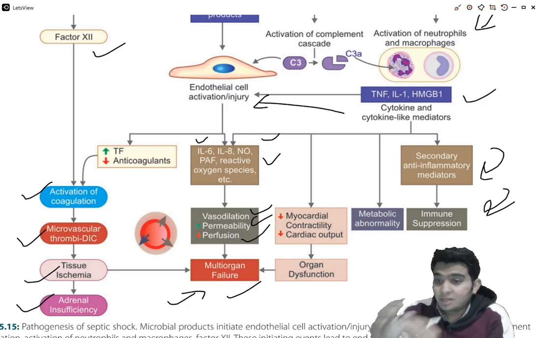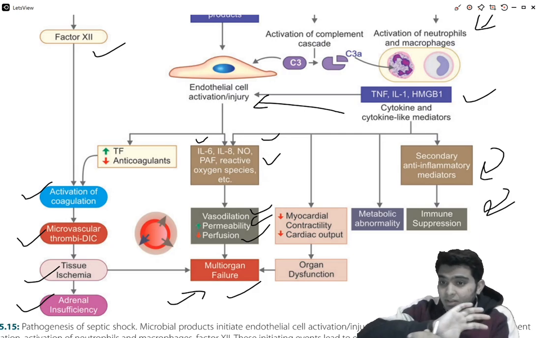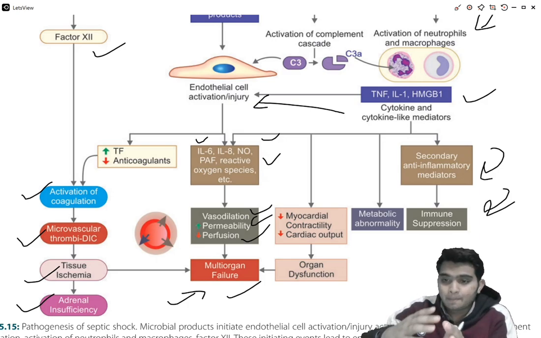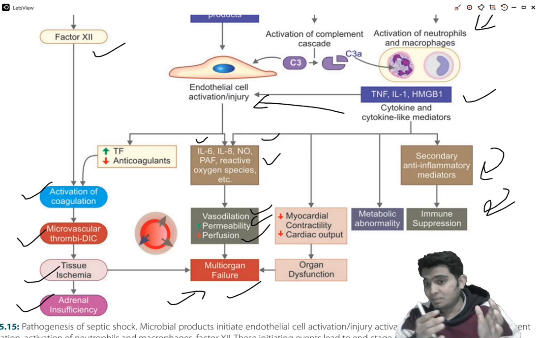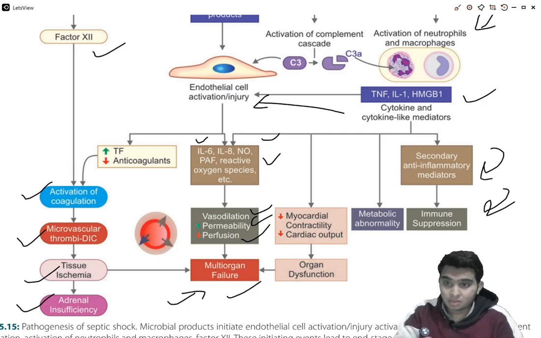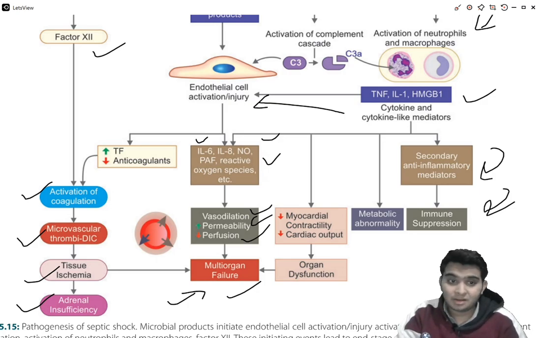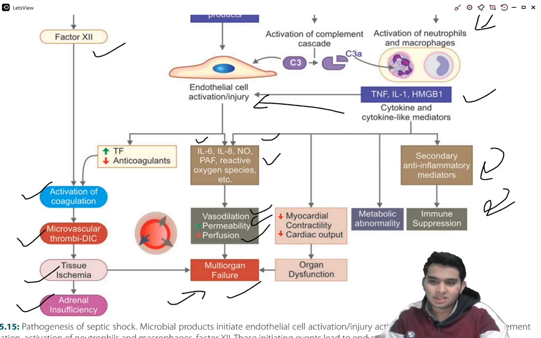But in other areas of the body, consumption of platelets and coagulation factors has occurred due to the increase elsewhere. So here the platelets and coagulation factors decrease, so it leads to hemorrhage and bleeding. In one part there is a formation of thrombi, and in another part there is bleeding and hemorrhage. It is a simple explanation of disseminated intravascular coagulation.